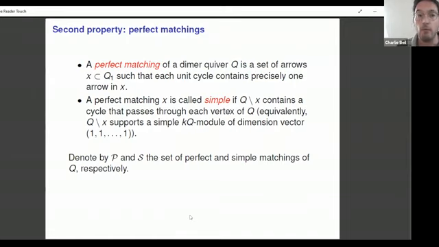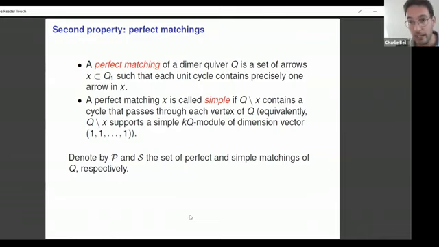So a perfect matching is a set of arrows x such that each unit cycle contains precisely one arrow in x. And a perfect matching x is called simple if Q, the quiver, minus the perfect matching contains a cycle that passes through each vertex of Q.